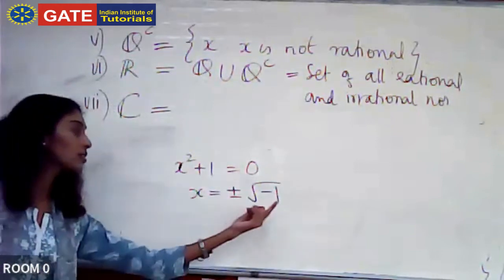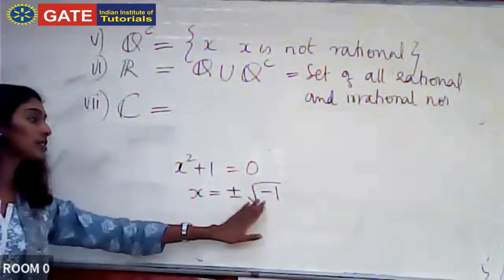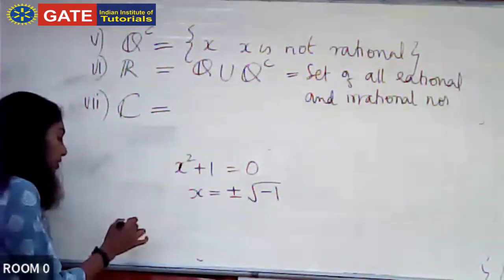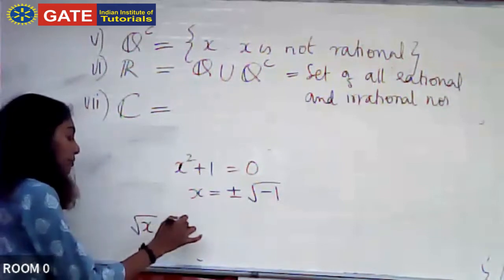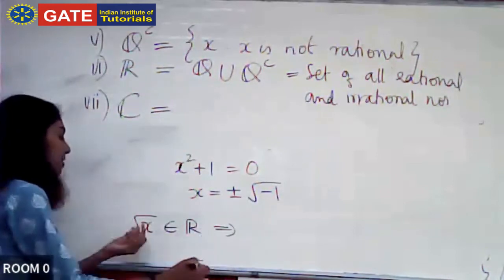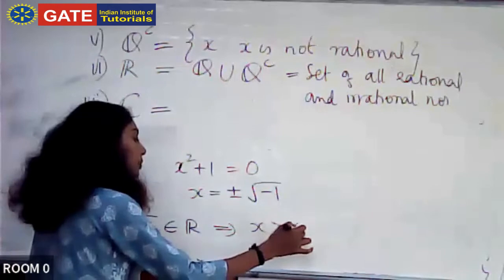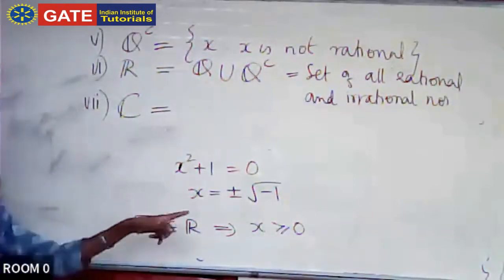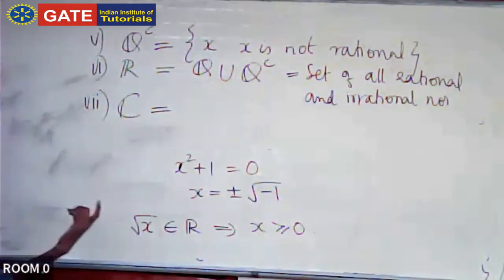Okay, and this root of minus 1 is not a real number. If root x is a real number, then that implies x should be greater than or equal to 0. Within this root, x should be greater than or equal to 0, only then will root x be a real number.